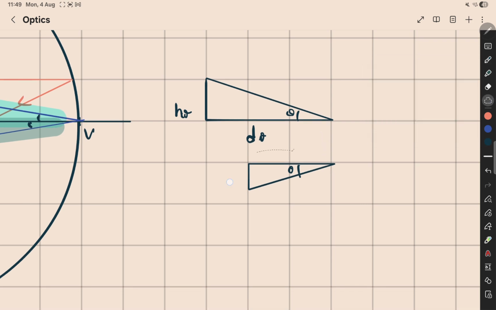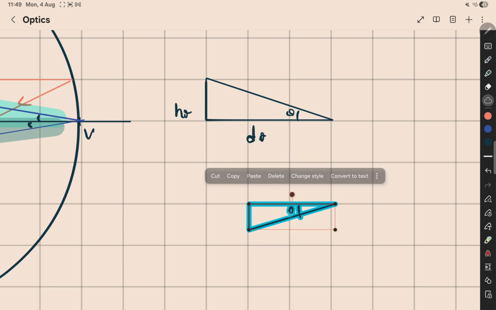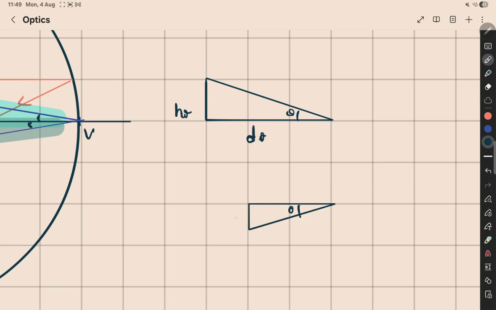For the second triangle down here, we know the height of the image and the distance that the image is from the mirror, okay? Those two triangles, if we look here, have an angle theta. They are the same angle, and they have a 90-degree angle.